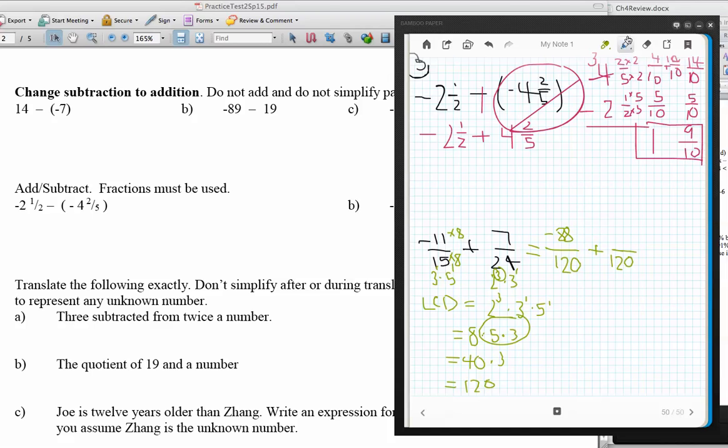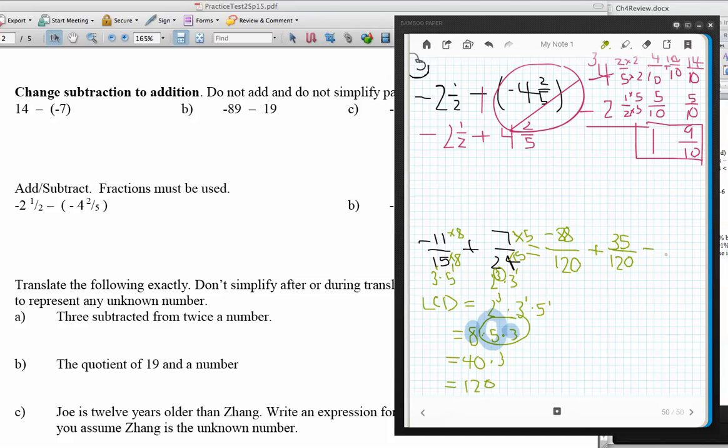Well, 8 times 3 is 24, so that leaves me with times 5 here. So I need to multiply 24 by 5 in order to get 120. So the numerator must be multiplied by 5 as well. So 5 times 7 is 35.